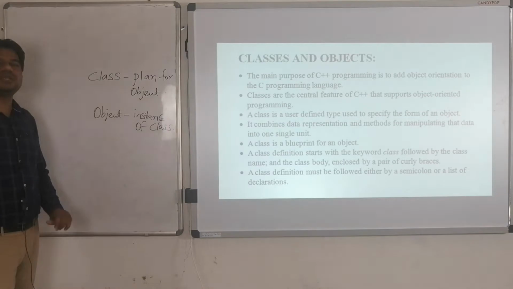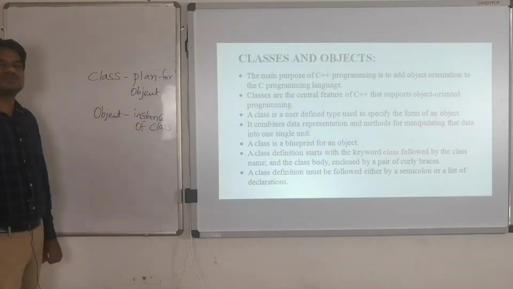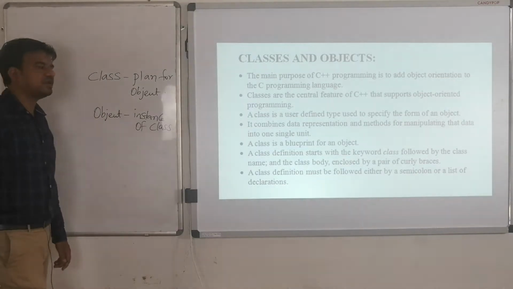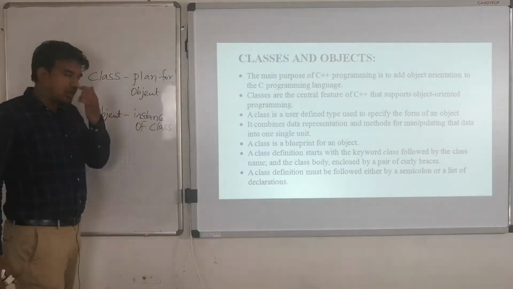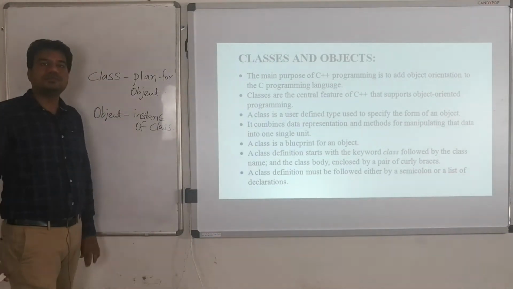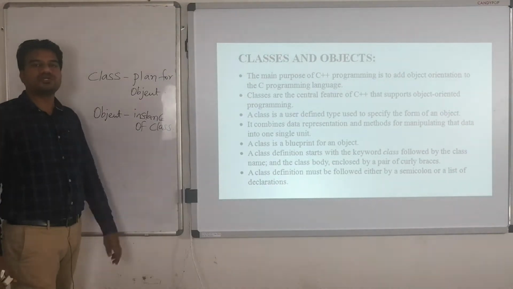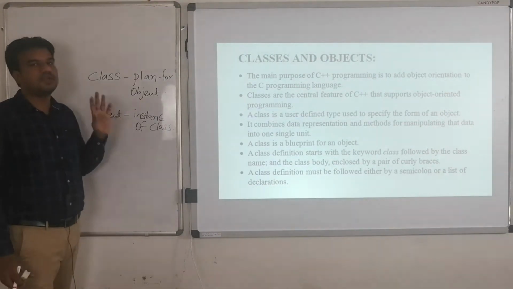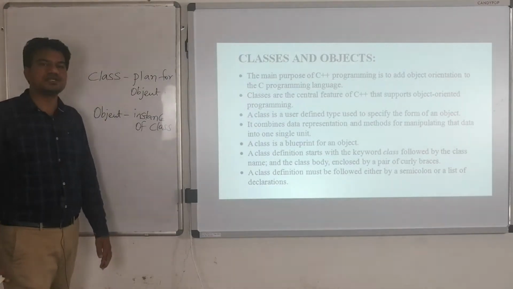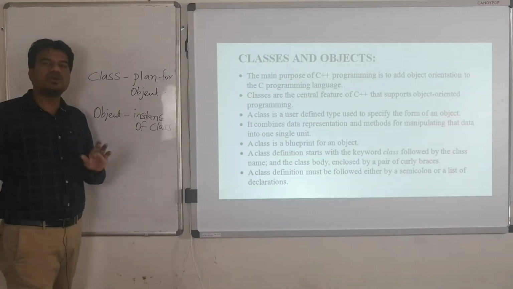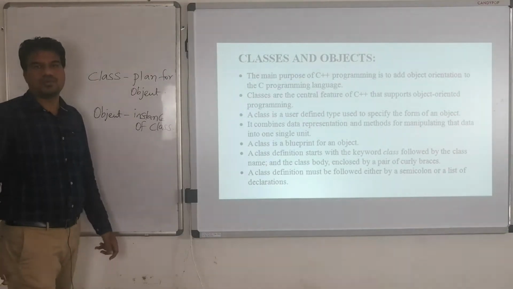These two are the basic building blocks for object-oriented programming, your classes and your objects. Whatever program we write, if you want it to follow the object-oriented principles, you have to include classes and objects in that program. Without these two things, your program will not become an object-oriented program.